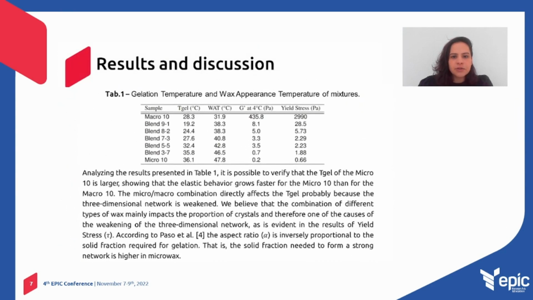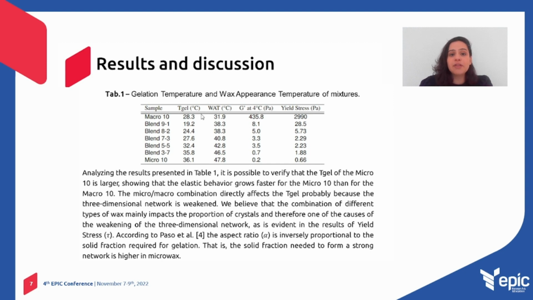Now analyzing the results shown in table 1, we have all of these properties analyzed for all the mixtures. First, we analyzed the gel temperature. We have a higher gel temperature for the micro. The elastic behavior grows faster in the micro than the macro because we form the crystals earlier, at higher temperature.